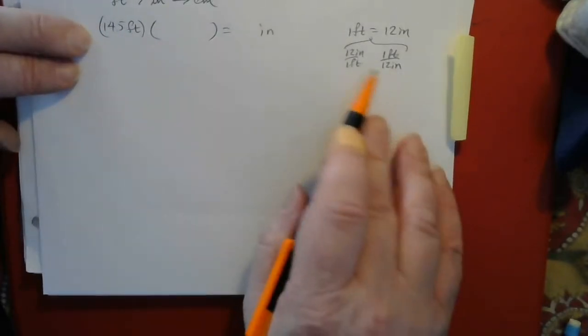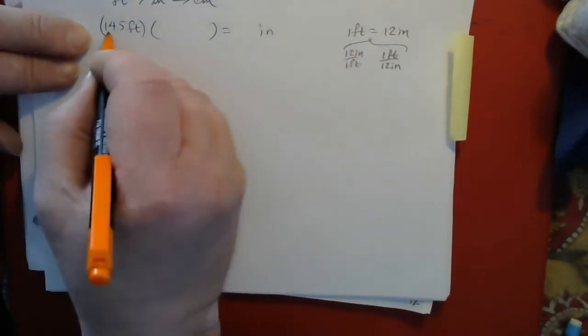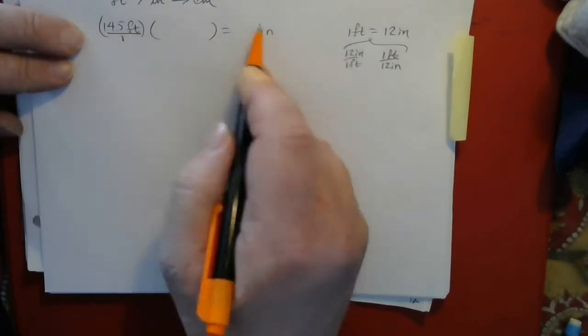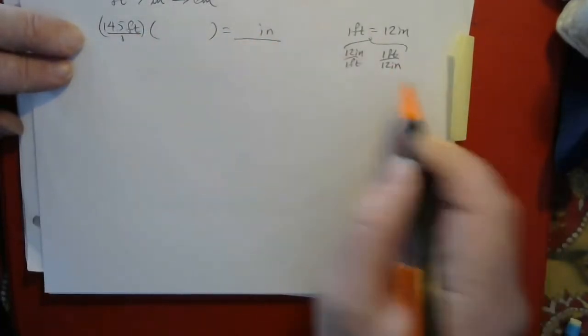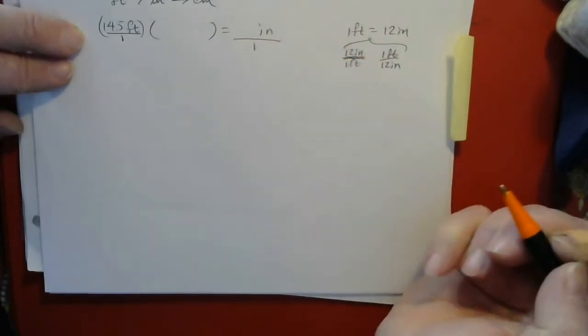We want feet to be in the denominator, and we want inches to be in the numerator. We want feet to be in the denominator because we want that to cancel out, and it's starting in the numerator. And we want inches to be in the numerator of the conversion factor because that's where we want it in the final answer.